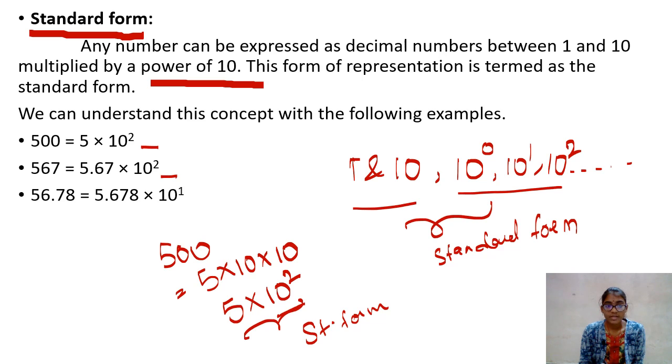Just see the second example. 567 can also be written as 5.67 into 10 square.